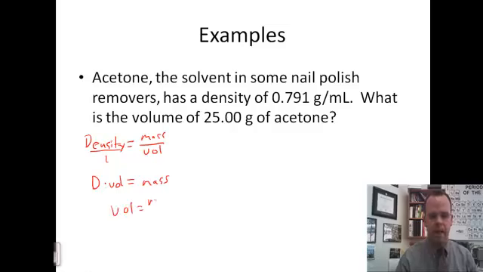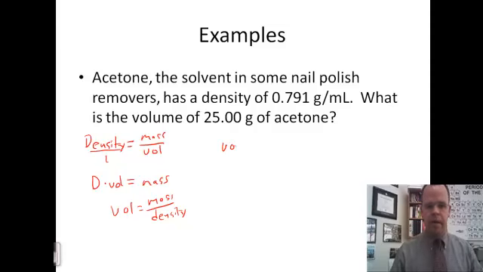Volume, therefore, is mass divided by density. So the volume in this case will be the mass, 25.00 grams, divided by the density, 0.791 grams per milliliter.